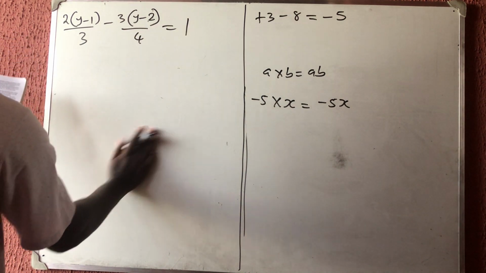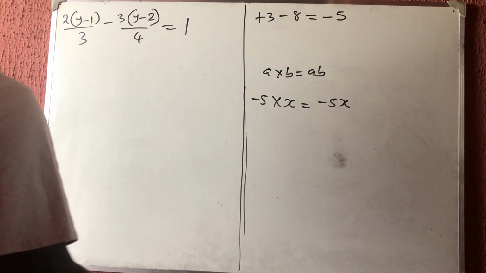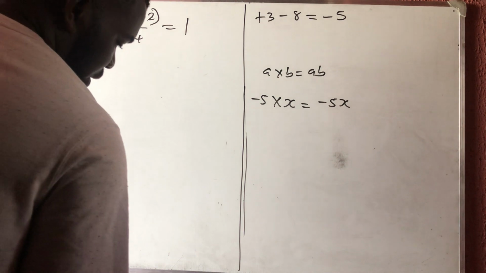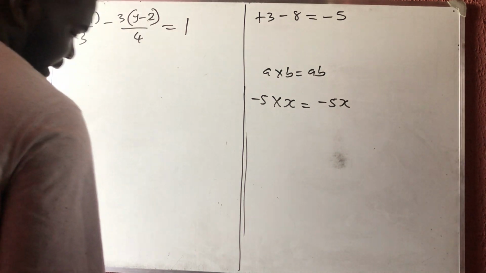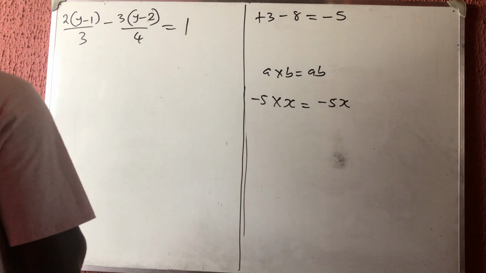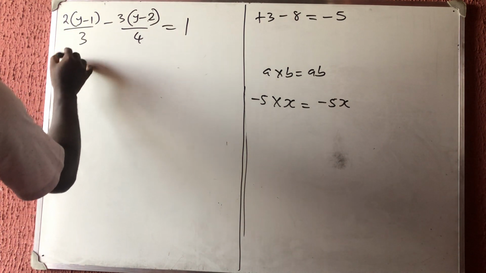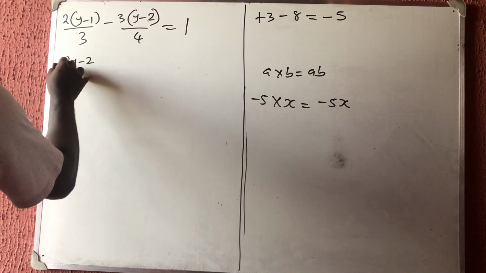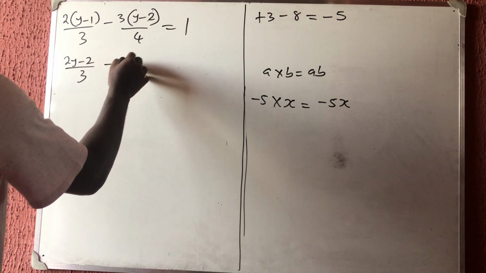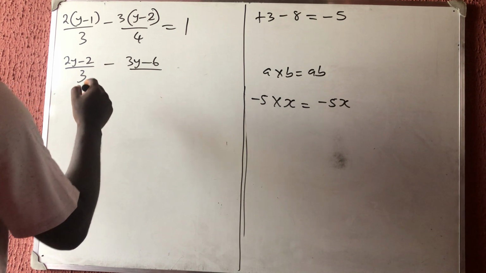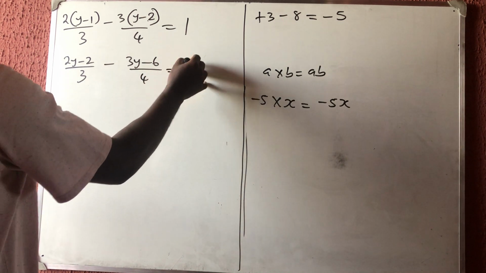So if you look at this one again, we cannot cross multiply here. There's no way we can cross multiply. So what we do is we multiply each term by the LCM of the denominator. So before that, I can decide to clear this bracket. This will give you (2y minus 2) all over 3 minus (3y minus 6) all over 4 is equal to 1.